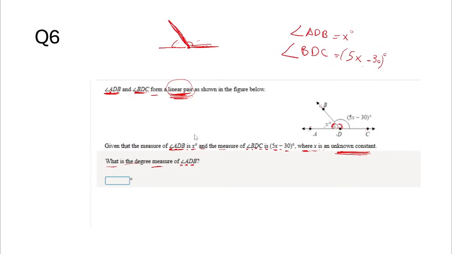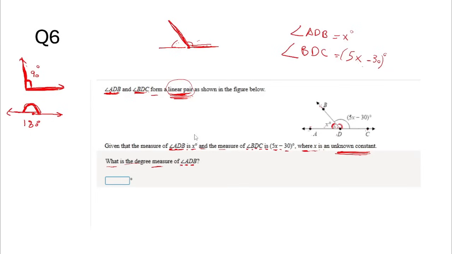To solve this question, let me remind you of something. When I tell you this is a right angle, these two rays are perpendicular to each other, so the measure of this angle is 90 degrees. If I have this endpoint and two rays in the opposite direction, the measure of this angle will be 180.